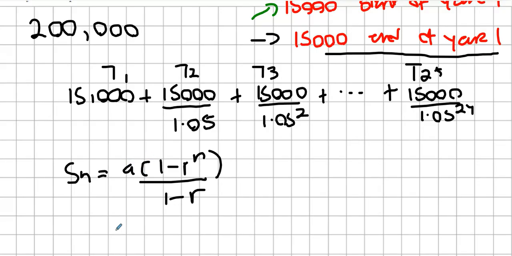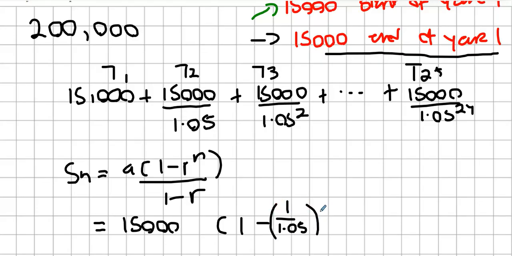What's our A value? Yeah, we're going to leave a gap there for method 2. What's our R value? 1 over 1.05, yeah? To the power of what? How many payments was there? 25 payments, yeah.